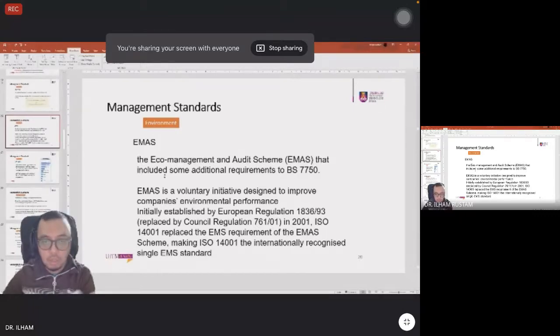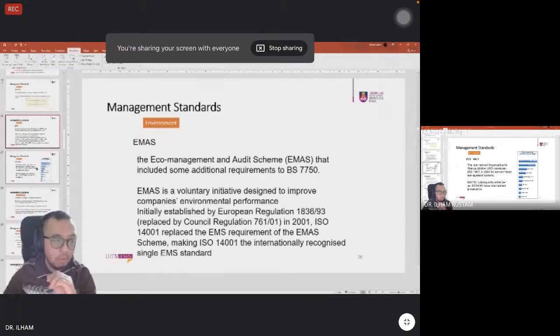So first BS 7750, to make sure 7750 tu betul di follow, EMAS, and then because dah ada standard ISO, dia orang adopt EMAS tu kepada ISO 14001, and then from then on internationally accepted lah for auditing scheme untuk BS 7750 ni.